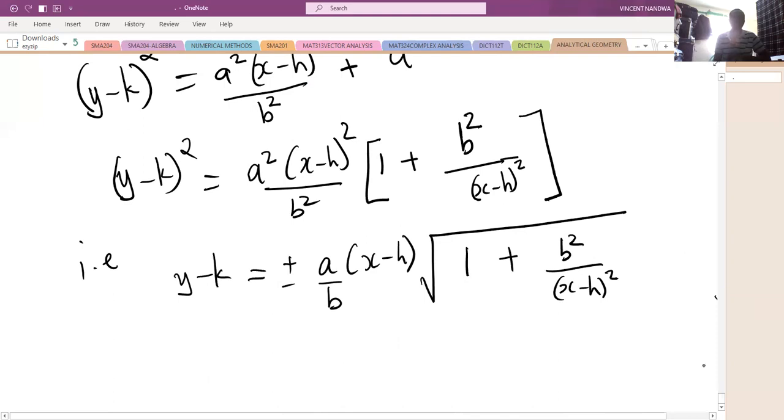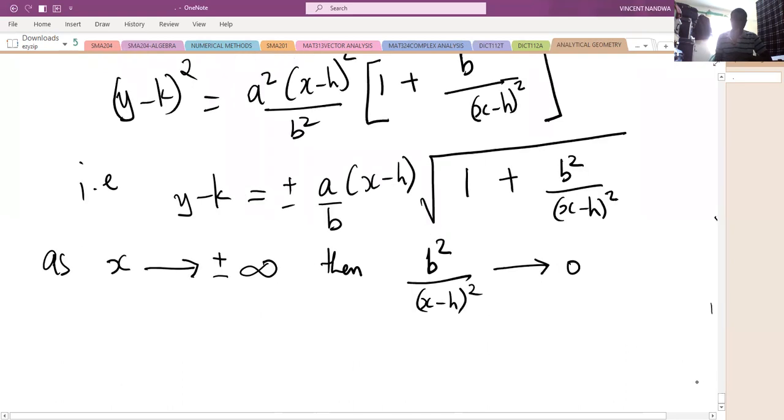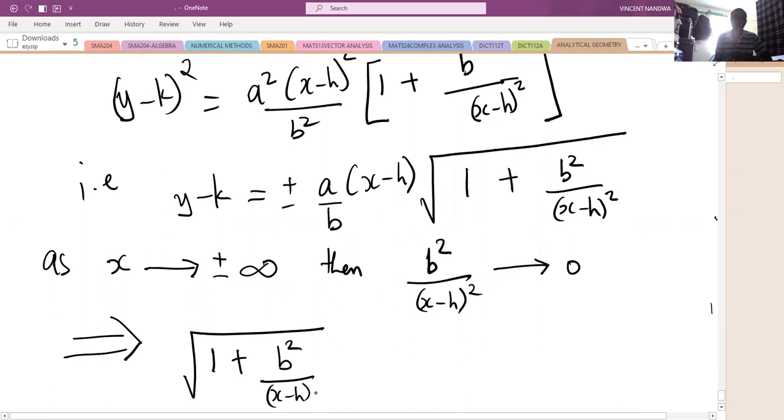And you reason similarly that as x approaches plus or minus infinity, this fraction b squared over x minus h squared approaches 0, which implies that the square root of 1 plus b squared over x minus h squared approaches the square root of 1 plus 0, which equals the square root of 1, which is 1.